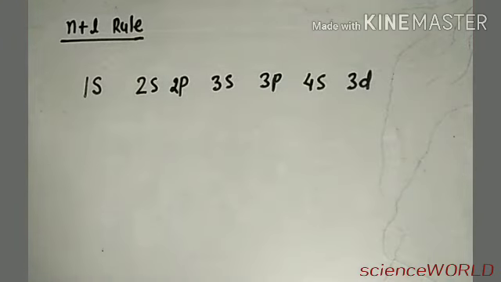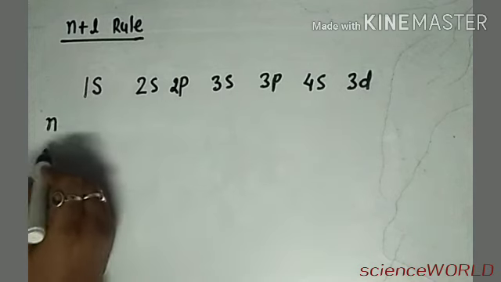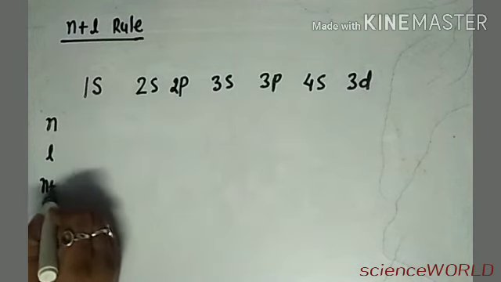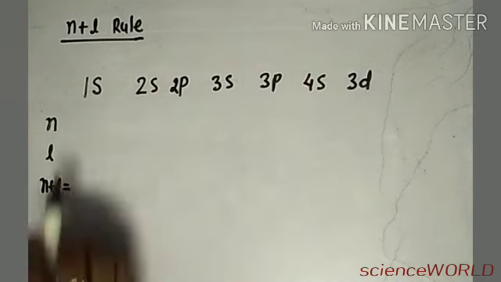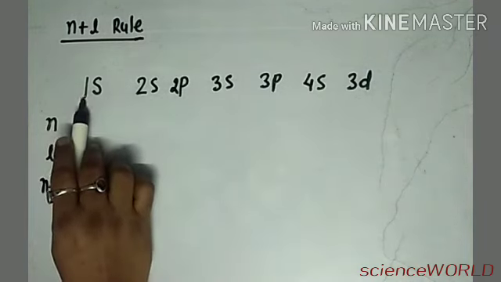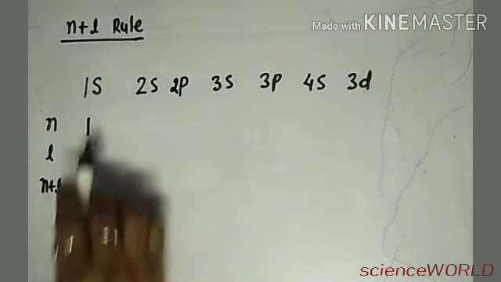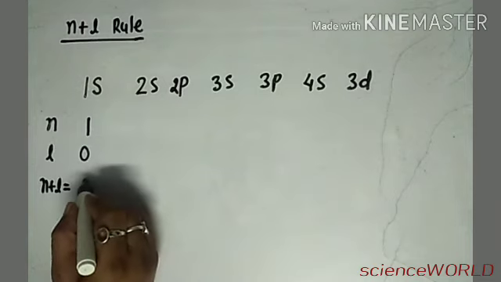So this is as per the Aufbau principle. Now what is the n plus L rule here? I'm putting the value of n here, and here is the L value, and we can go for n plus L like this. In 1s, the n value is 1, and you know the value for s is 0, so overall the count is 1.